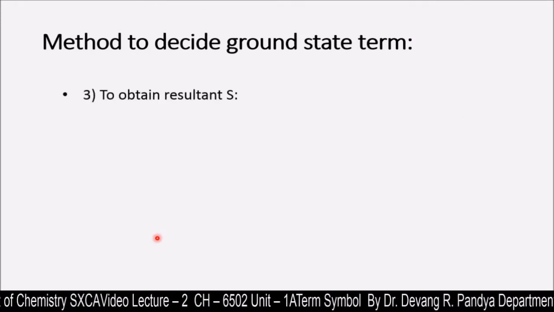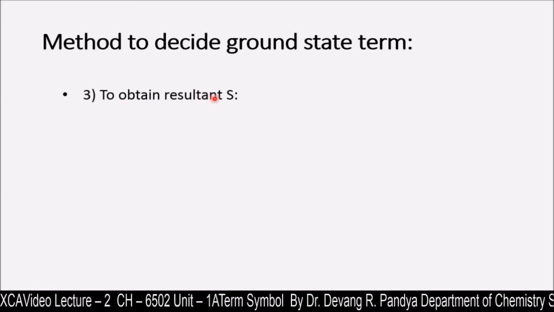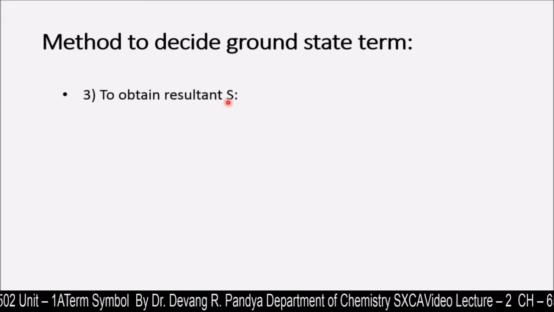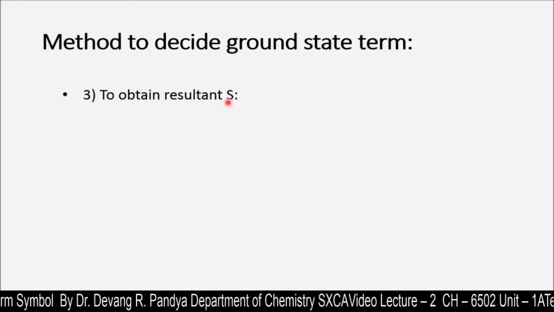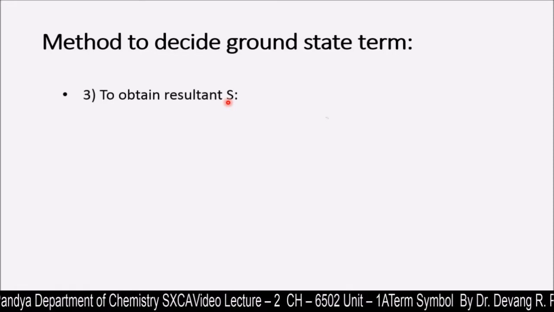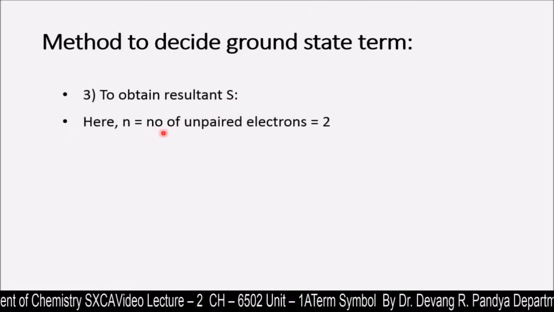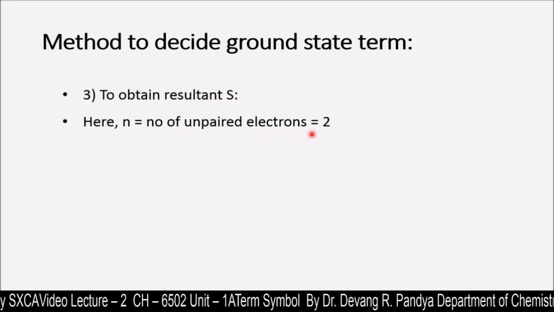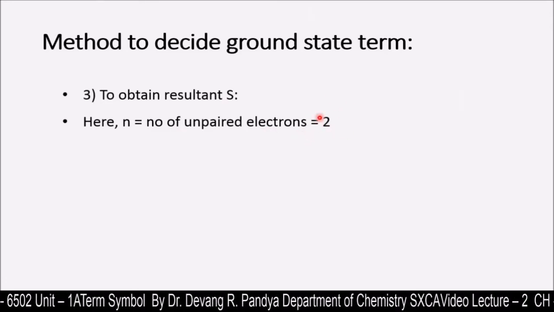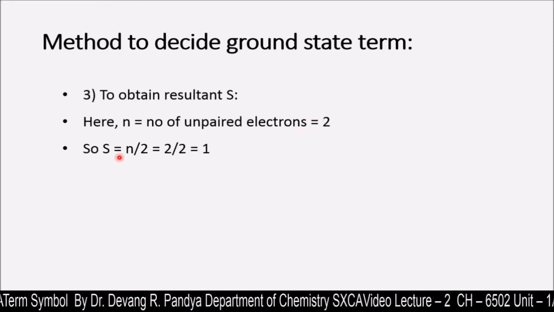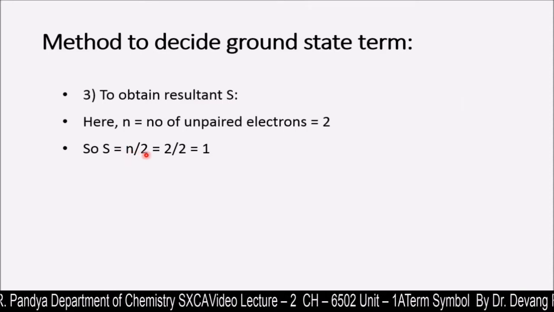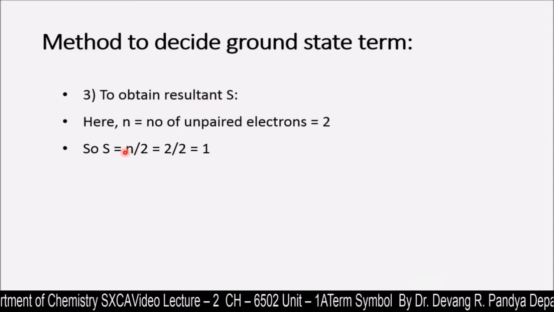Now step 3, that is to obtain the resultant S. Here S is not the term symbol S. Here S is the resultant spin angular momentum quantum number. Here n is equal to the number of unpaired electrons, and in the p2 configuration the number of unpaired electrons is 2. So the value of S is given by the equation n by 2, where n is the number of unpaired electrons.